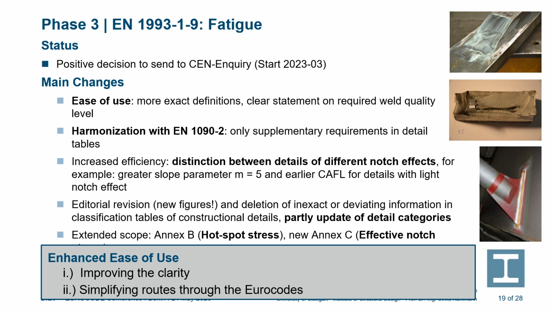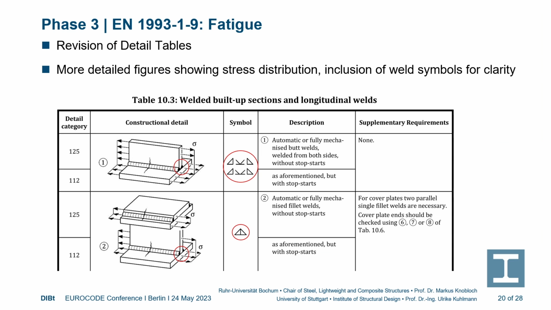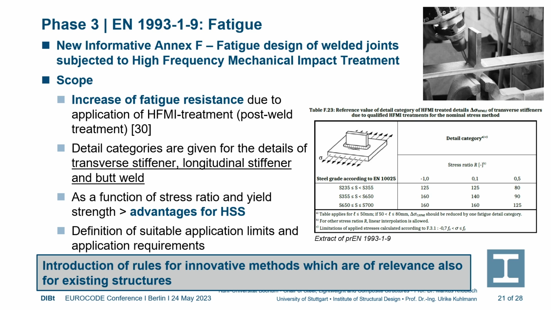Improving clarity is very important in this sense, and you can see as an example the new detail tables. This is what everybody needs when he does a fatigue verification, to classify the detail. And these detail tables have been reorganized, the figures have been really improved, and we added also a symbol for the weld. So I think this is, yeah, it's a big advantage now.